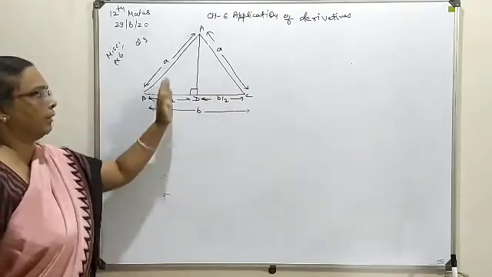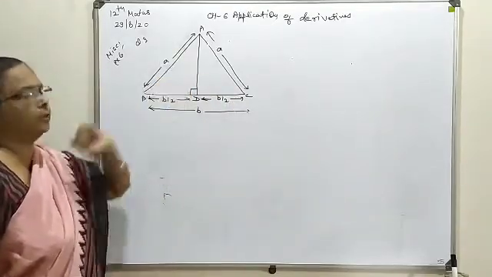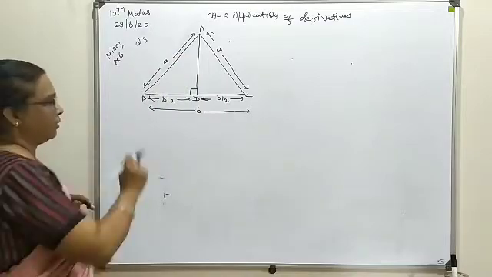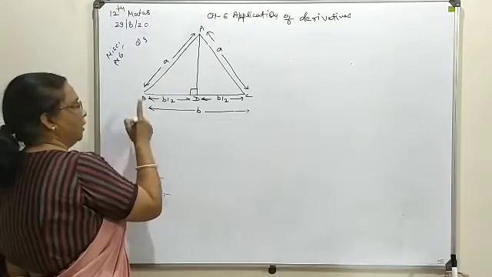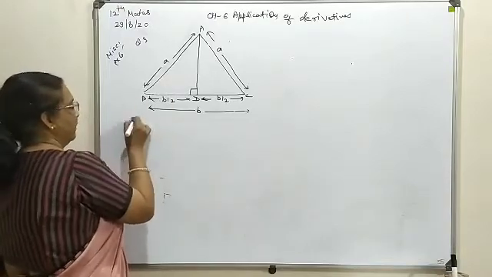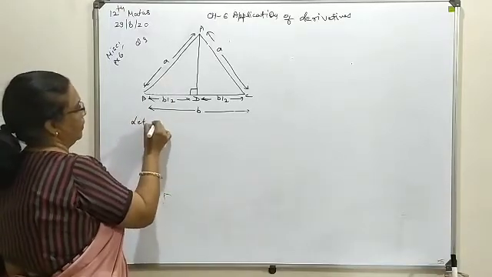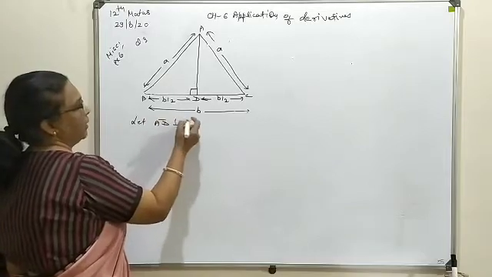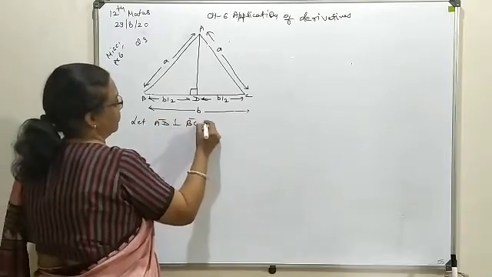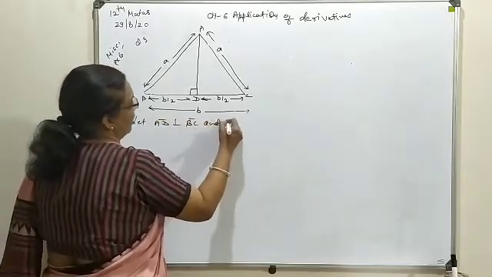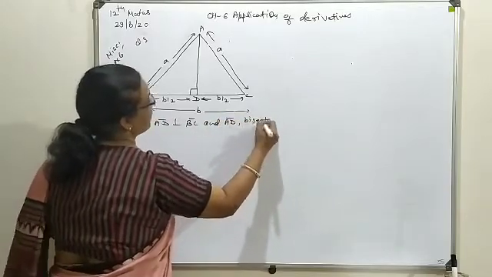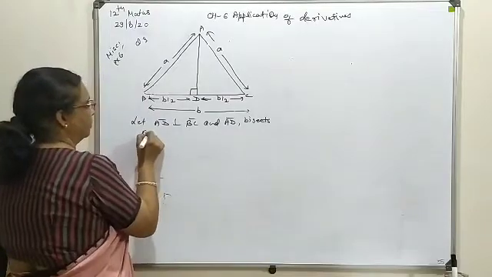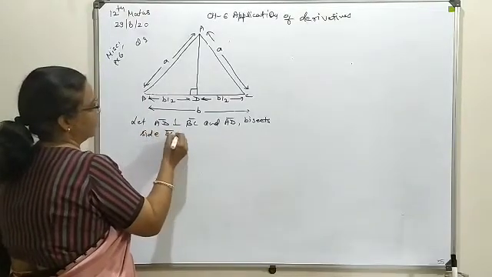Now you can consider any of these triangles to find AD. So here we are going to take this triangle. Let AD be perpendicular to BC and AD bisects side BC.